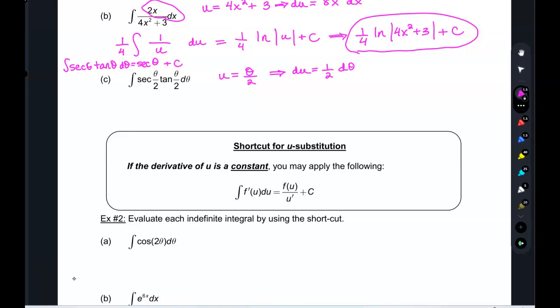Now I don't have a half in my integrand, so I'm going to compensate by replacing that with a 2. And so now I'm going to have 2 secant u tangent u du, which will end up giving me 2 secant of u plus c. Go back to our original, which is 2 secant theta over 2 plus c.